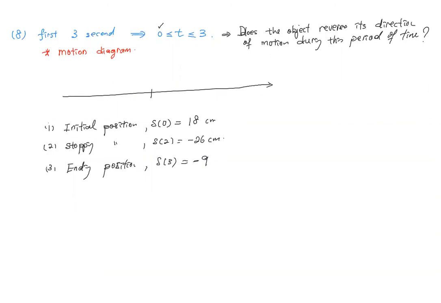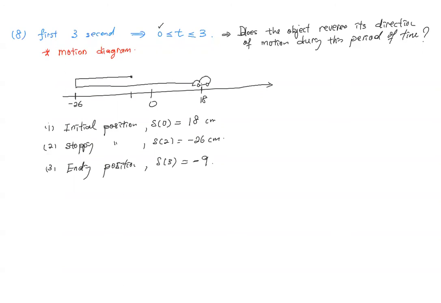Okay, so now this is my origin. Here is 18. The particle moves from here right up to here. Here is -26. Then after that it turns. Then it comes here.